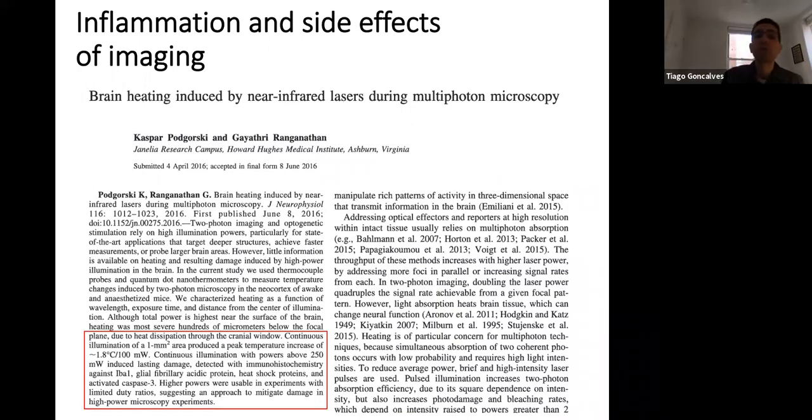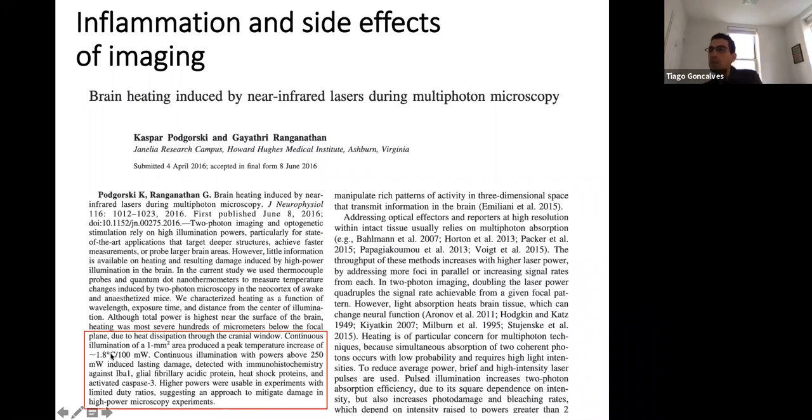There are papers that have looked at brain heating induced by near-infrared lasers that you use for multiphoton microscopy. If you use too much power, something like over 100 milliwatts over a 1 millimeter square area, then you can have an increase of 1.8 Celsius.